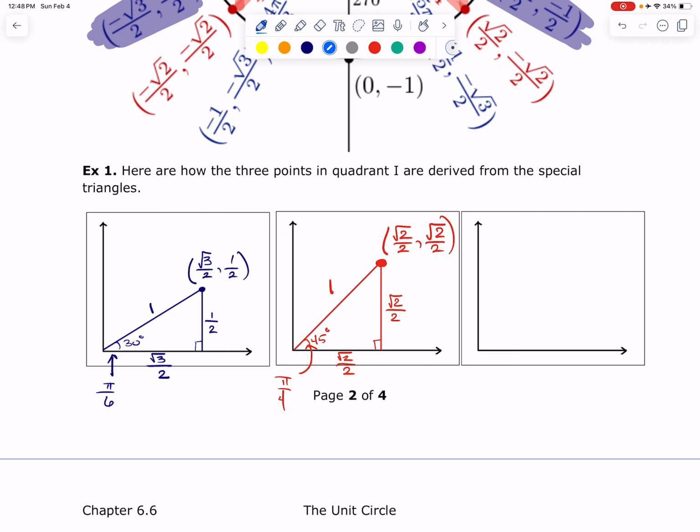Our last special right triangle that we're using has a reference angle of pi over 3, or that's 60 degrees. Which now means my cosine is the short side. My sine is that long side. I get a coordinate pair here of 1/2, square root of 3 over 2.